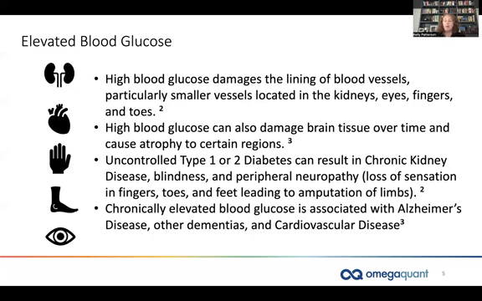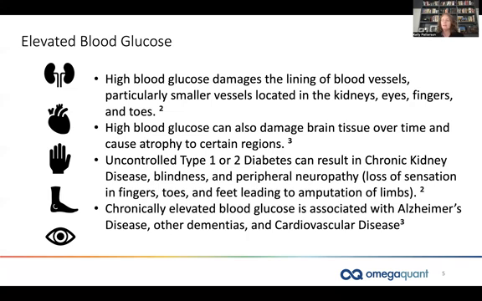Chronically elevated glucose is also associated with Alzheimer's disease, other dementias, and cardiovascular disease. And the interesting thing about those is that you don't necessarily have to have diabetes for that to be contributing. If you're on the higher end of normal blood glucose for a really long time, or what's considered normal, that can contribute to those issues.